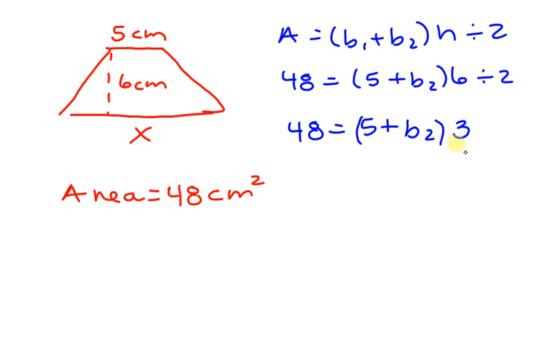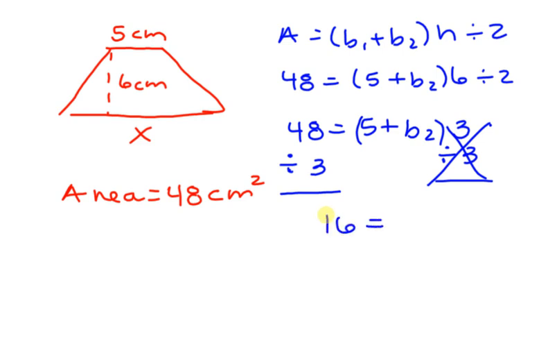Okay, now we need to get rid of this 3. It's being multiplied. So what's the opposite of multiplication? Divide by 3. Whatever you do to the one side, do it to the other. So the multiplication and the division cancel out. 48 divided by 3 is going to give you 16 equals 5 plus the b, the second base.